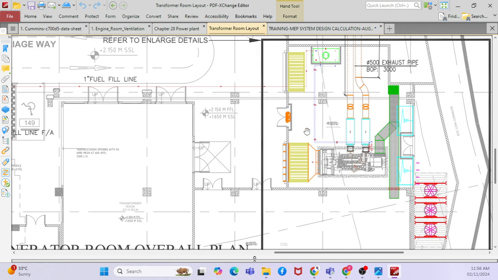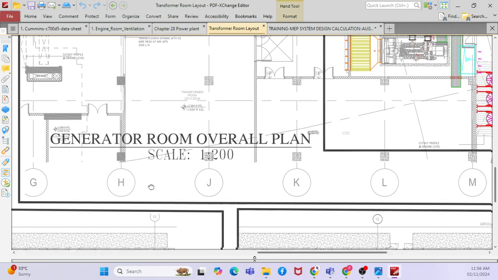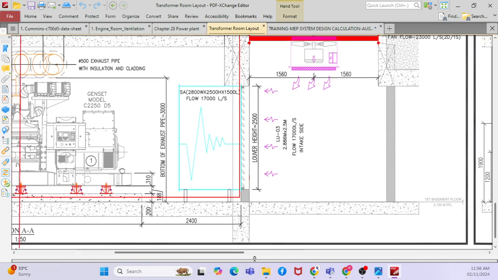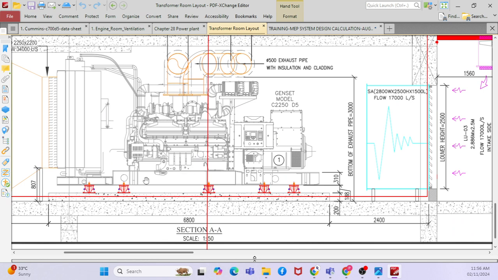For example, if you talk about the generator, you can consider it case by case. I have one case where I have kept the generator in an open place, that is, without any enclosure. When you keep it in an open place, whenever the generator operates, it will produce a lot of heat, and also the generator has to burn fuel. So it has to get some oxygen from outside.